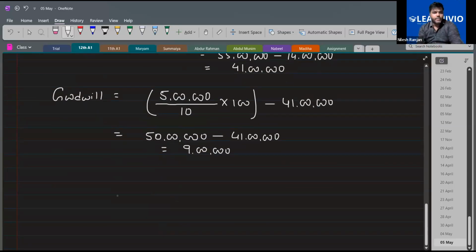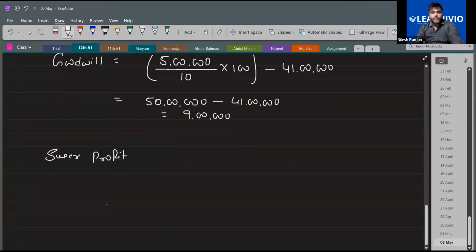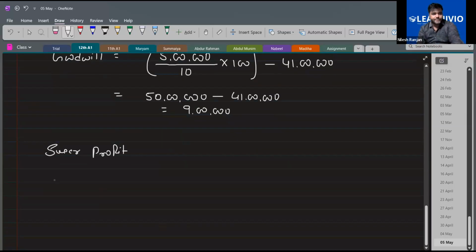Now, the second method, where we have to use capitalization of super profit. For that, we have to calculate super profit, and to calculate super profit, we need normal profit. Normal profit equals capital employed into normal rate of return.